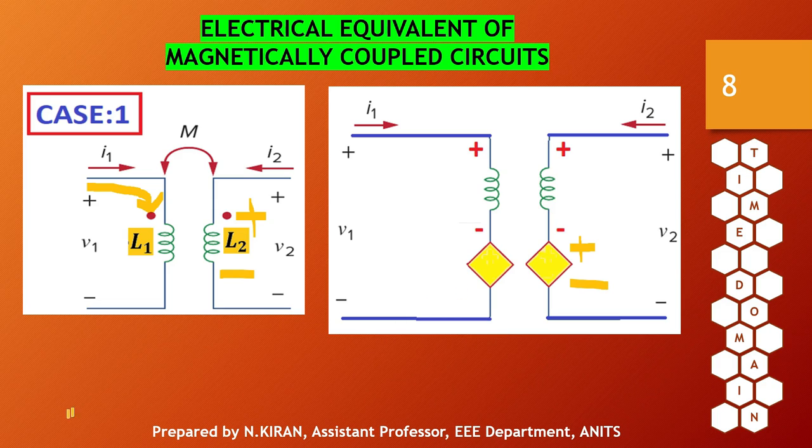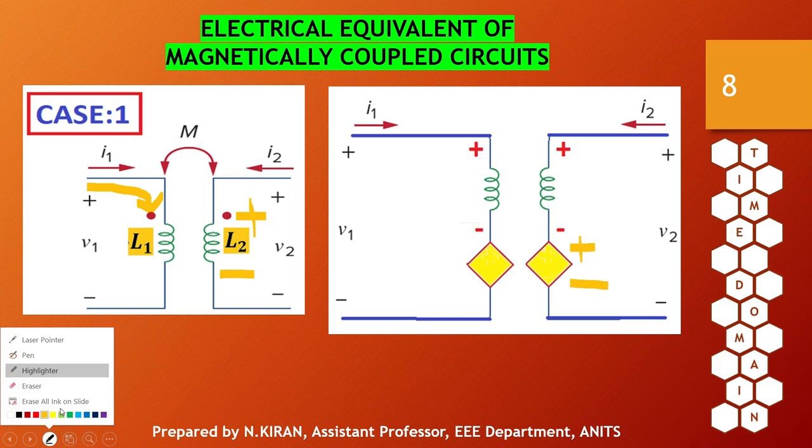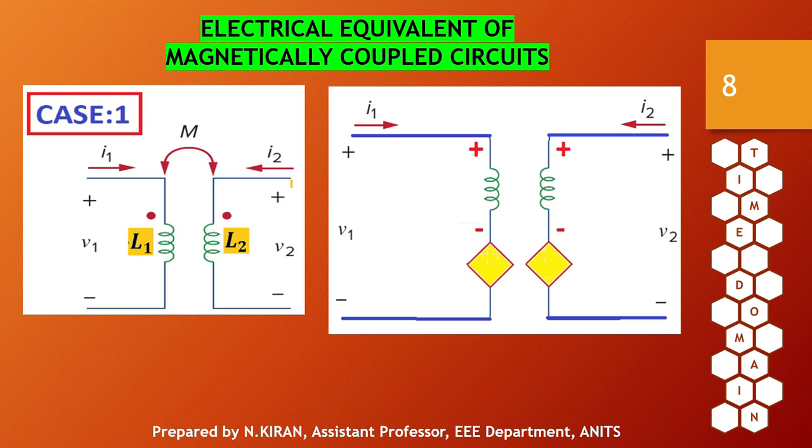Similarly, when I consider current I2, here current I2 is entering at the dotted end of the second coil. Since the current I2 is entering at the dotted end of the second coil, the dotted end in the neighboring coil is located at the top end of the first coil. So therefore, the polarity of mutually induced EMF will be positive at the dotted end and negative at the undotted end.